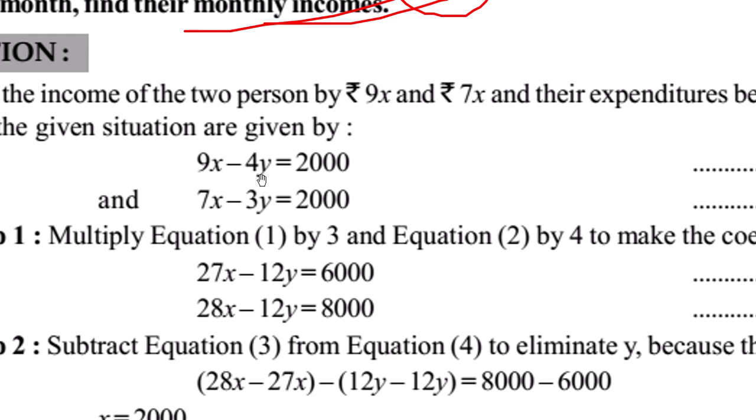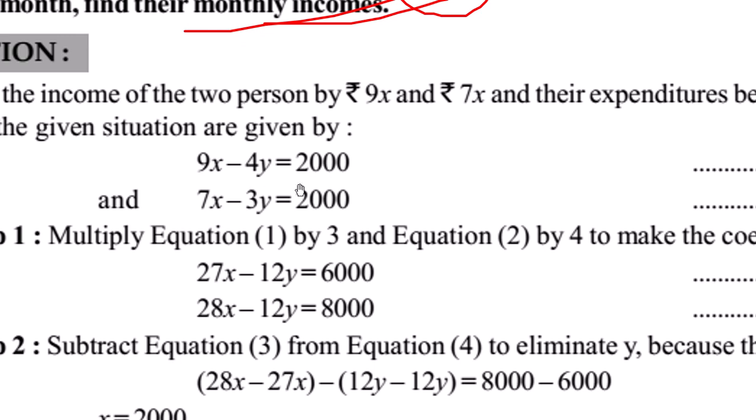So what we can do here, 4y, 3y is there. The first equation we can multiply with 3, and the second equation we can multiply with 4, because one is having 4y, another one is having 3y. With their coefficients, if we cross multiply, first equation with 3, second equation with 4, not only the y term, all terms we have to multiply.